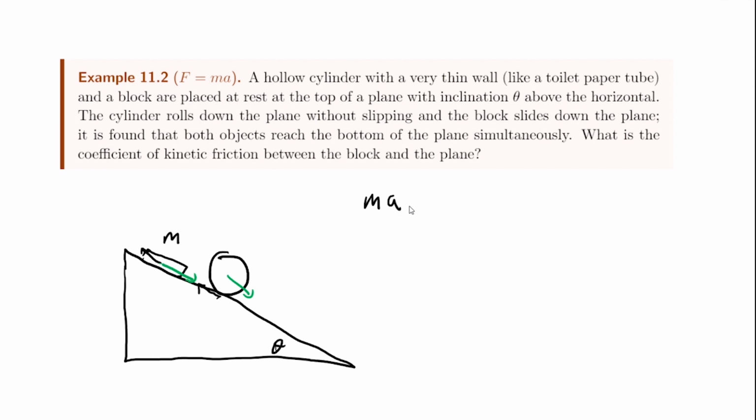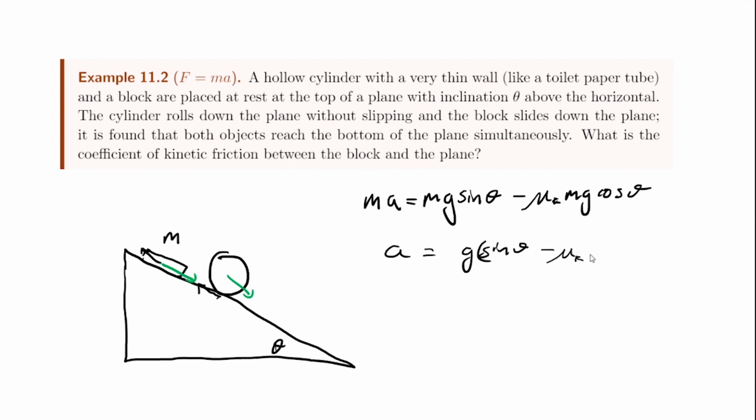So ma is equal to mg sine theta, which is downward, and then we subtract the kinetic friction, which is mu sub k mg cosine theta. And so the acceleration is equal to g sine theta minus mu sub k cosine theta.